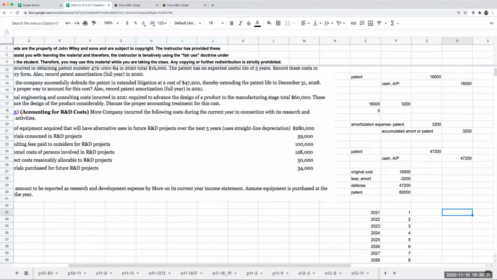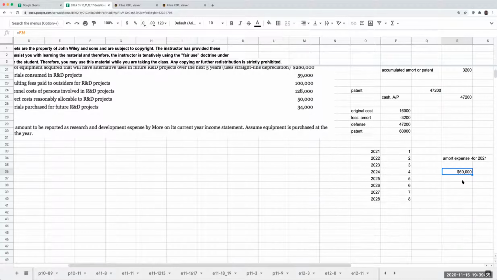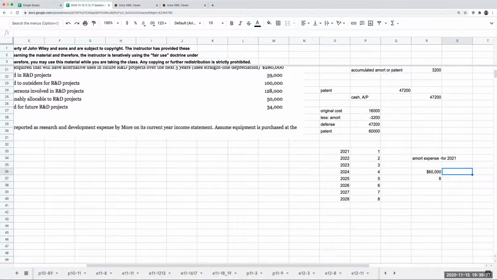So my amortization expense for 2021 is going to be my base cost here of 60,000, which is now my current carrying value, divided by 8, which is the expected useful life of the patent. That's how I would go through and do it.